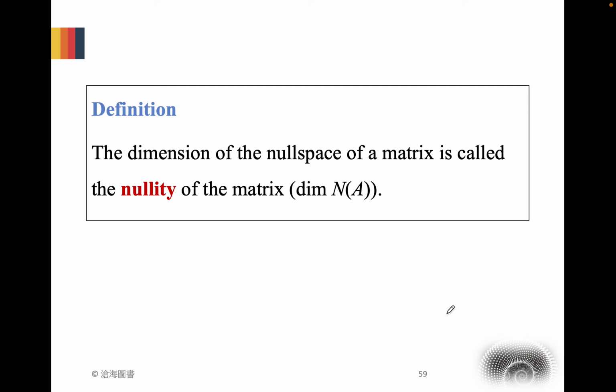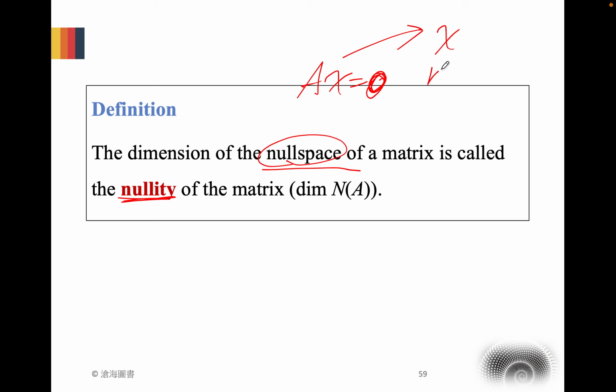Okay. So now we introduce another term called nullity. The dimension of the null space of a matrix is called the nullity. So remember what is null space? That is Ax equals 0, right? All vectors x form the null space.